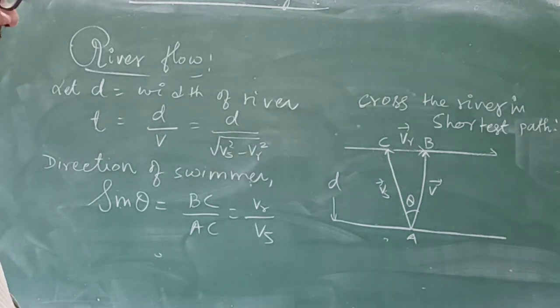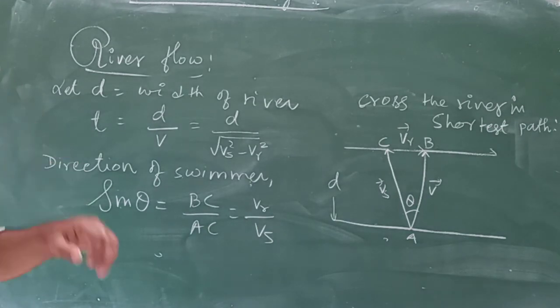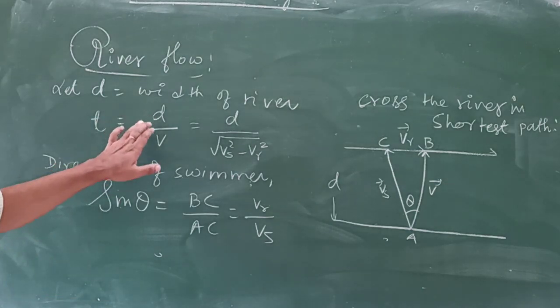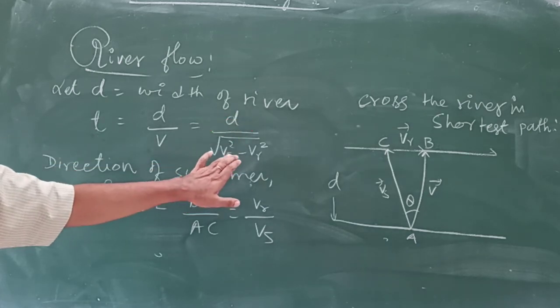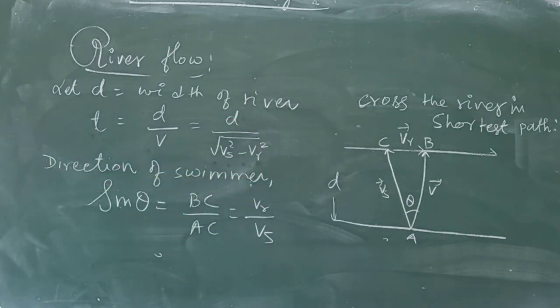Therefore, the magnitude of resultant velocity is root of VS square minus VR square. Then, how much time will the swimmer take to cross the river? T is equal to distance by velocity. Therefore, D by root under VS square minus VR square.